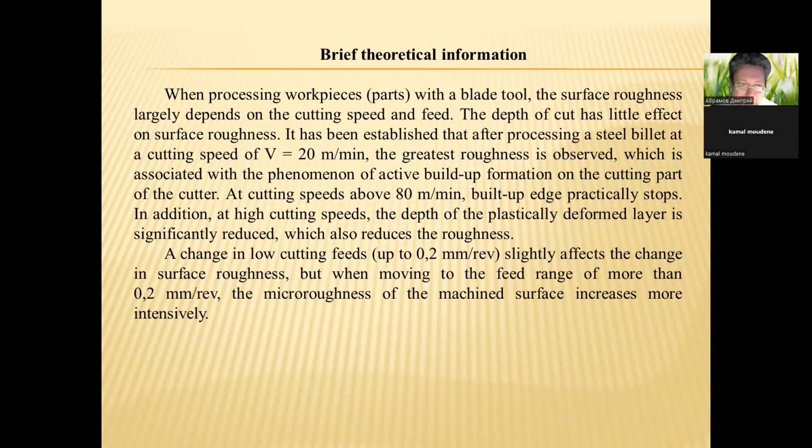In addition, at high cutting speed, the depth of the plastically deformed layer is significantly reduced, which also reduces the roughness. A change in low cutting feeds, up to 0.2 millimeters per revolution, slightly affects the change in surface roughness.